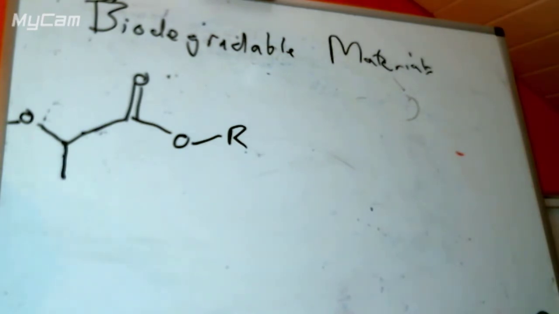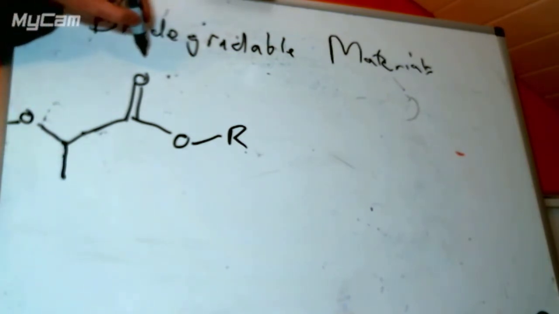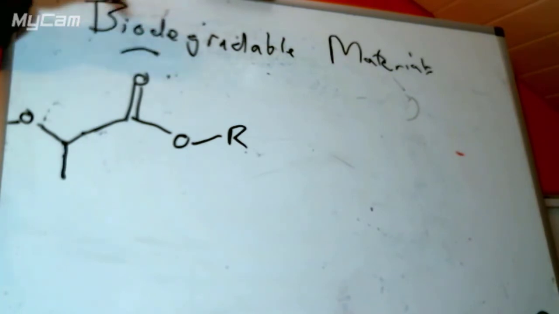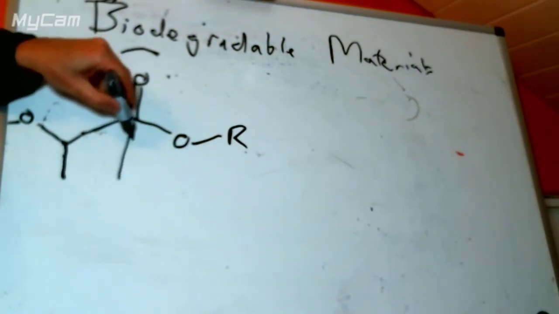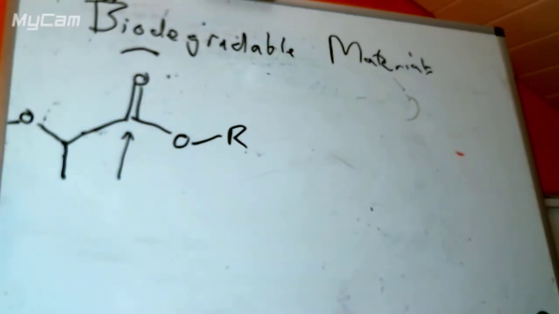So what we want to do, if we want to catalyze this reaction, is add something up here that can accept electrons with a hydrogen, and add something down here that can attack better than a water molecule. That's how we can make this process work better.